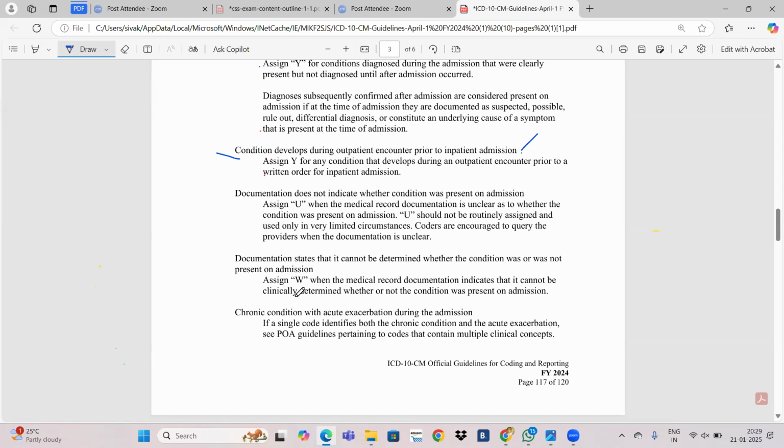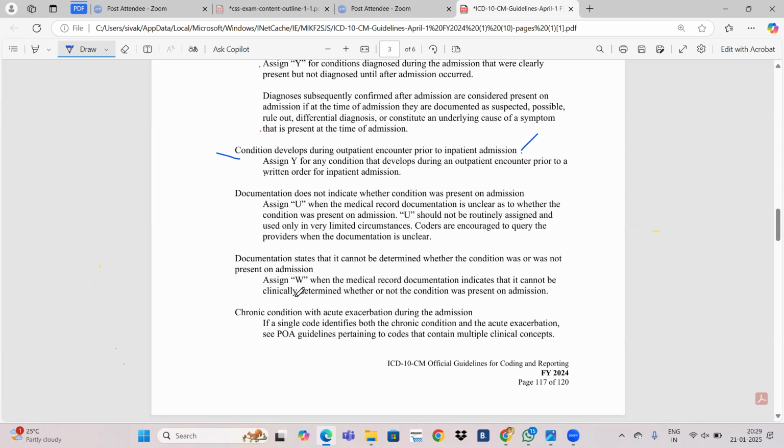You are waiting in the hospital for the appointment. At that time, you are not an inpatient. They will decide and write an order, from this time onwards you can be admitted to the hospital. They will give an inpatient written order: please admit this patient from this time. From the inpatient written order time onwards, you are an inpatient.